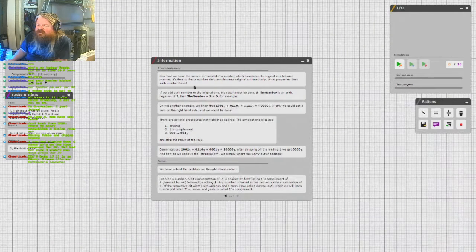What properties does such a number have? If we add such a number to the original, the result must be 0. If the number is an arithmetic negation of 5, the number plus 5 equals 0, for example.